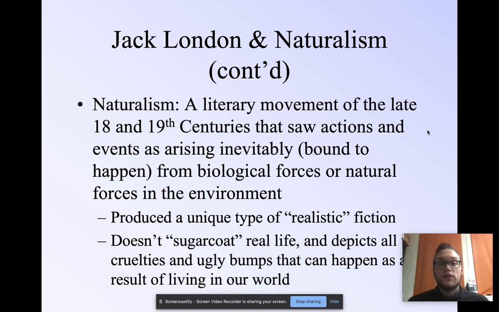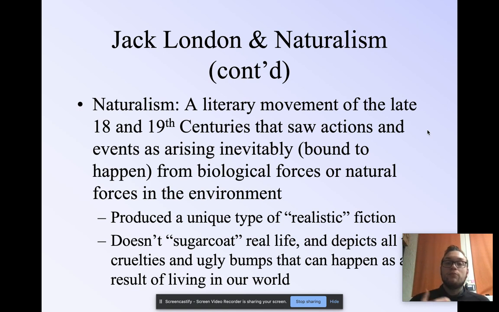There were forces larger than themselves at play that kind of arranged events to happen. All right. So they thought that if something happens, it's because nature intended for it to happen, and that humans can try to control as much as they want to in their lives, but ultimately, we are at the mercy of the world around us.